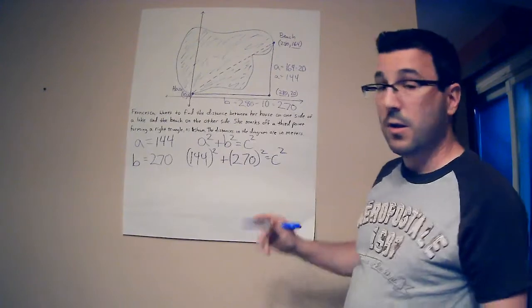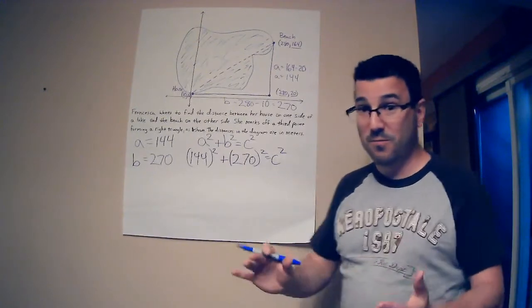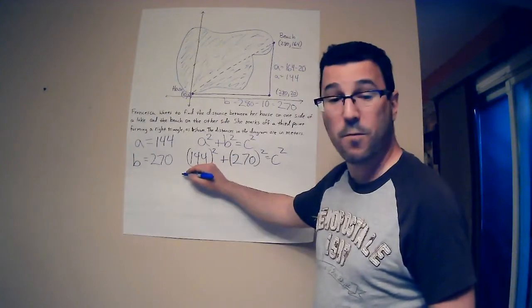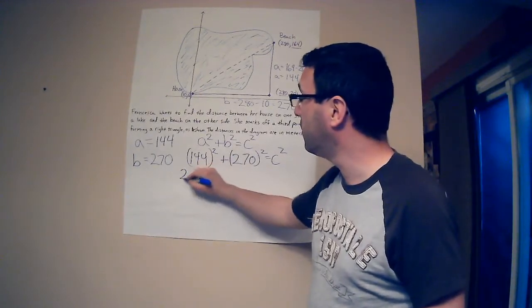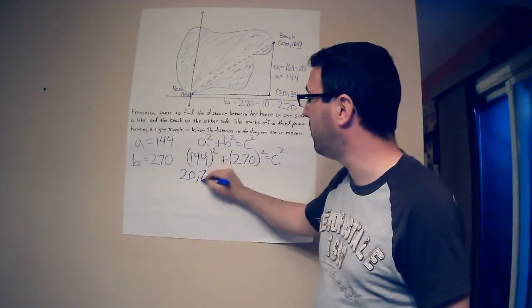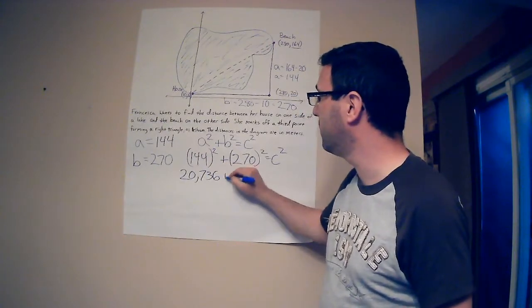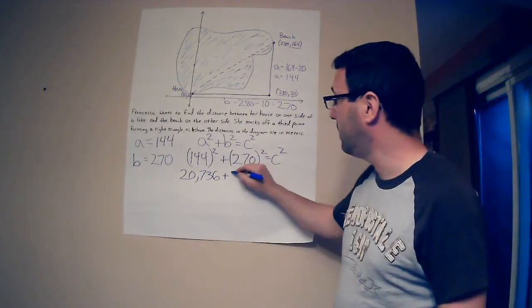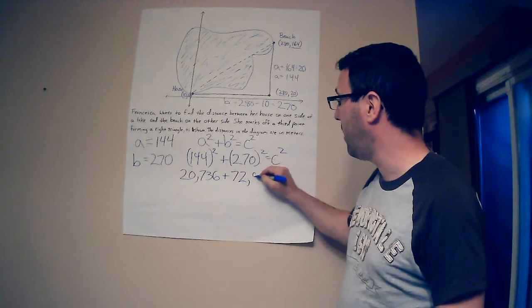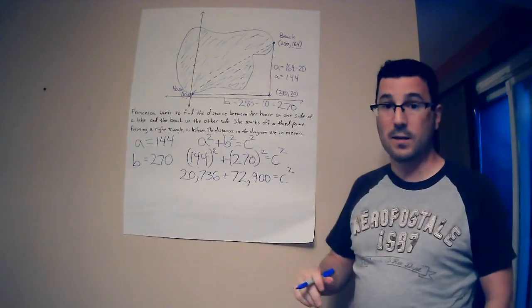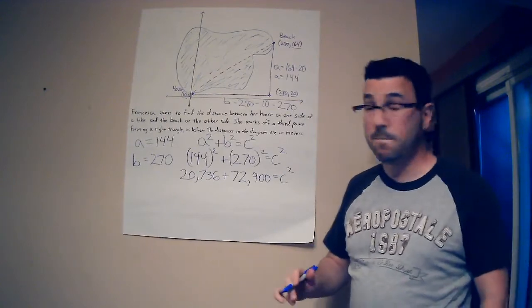Okay? We're dealing with some big numbers, so hang with me. So I got 144 squared is 20,736, and 270 squared is 72,900. Okay? Like I said, big numbers.